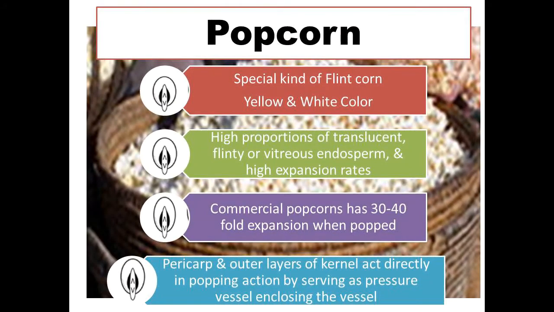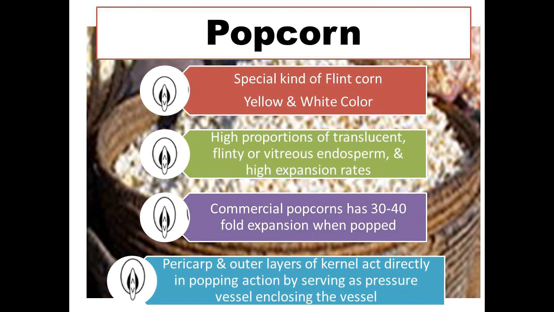The very first is popcorn. This is one type of flint corn, available in both yellow and white colors. Its grain has a larger proportion of translucent, flinty, vitreous endosperm, which is capable of expansion.